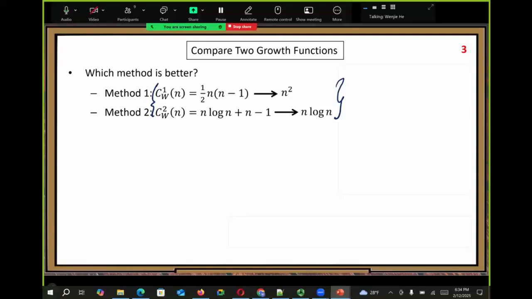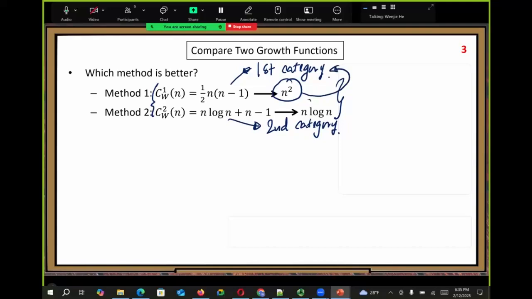Because the first growth function belongs to the first category, and the second growth function belongs to the second category. Its growth function is used as a representative of the first category, and the second growth function is used as the representative of the second category. Now we just compare these two representatives.